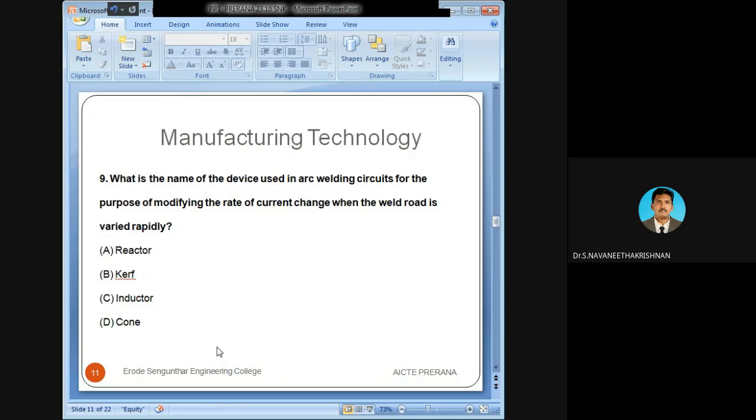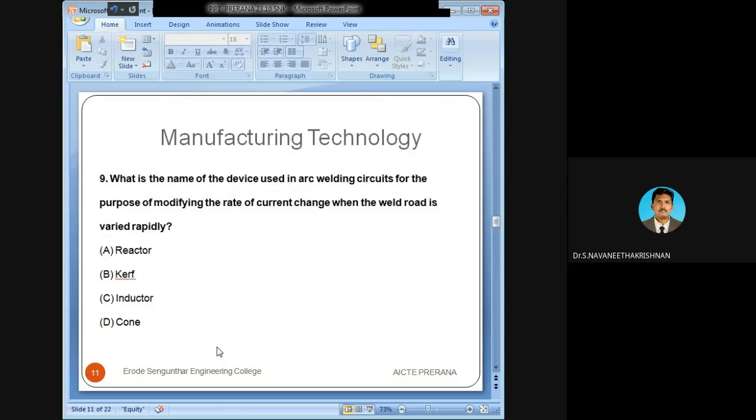Answer A is reactor. The second answer is KERF; the KERF type of welding circuit is used for the rate of current change. Answer C is inductor; the inductor type of welding circuit is used for the rate of cutting. The last answer is cone; the cone type of arc welding circuit is used for this welding.